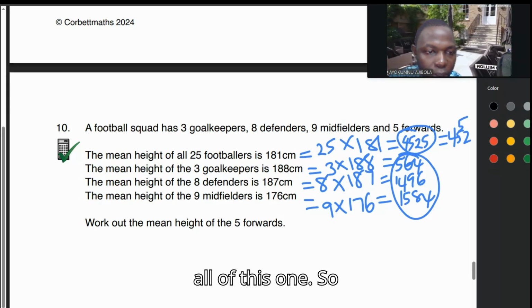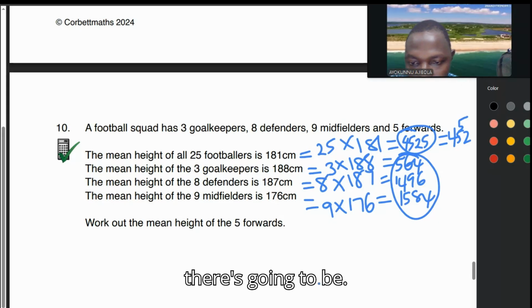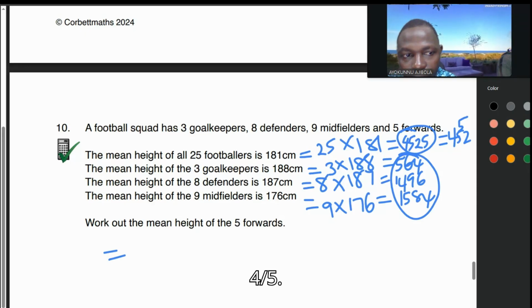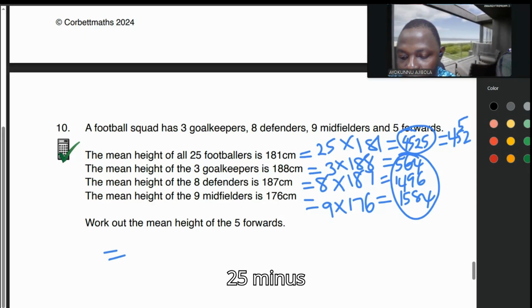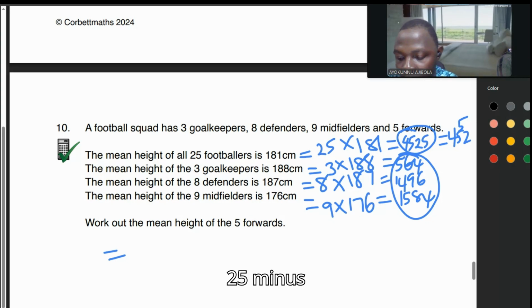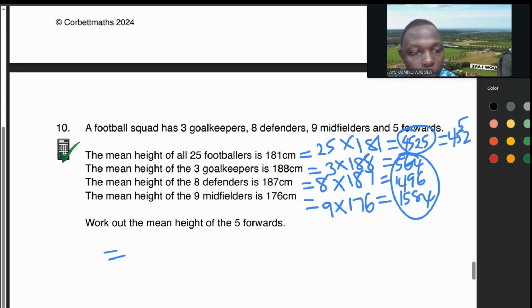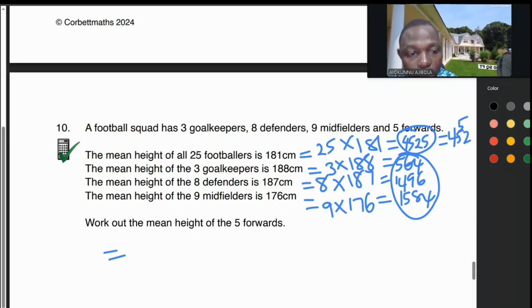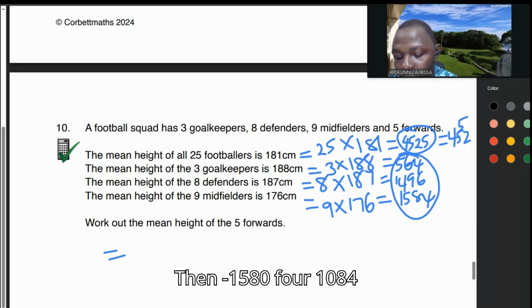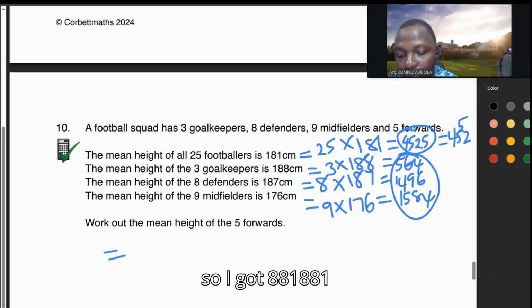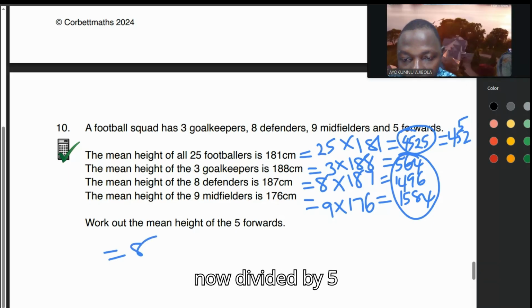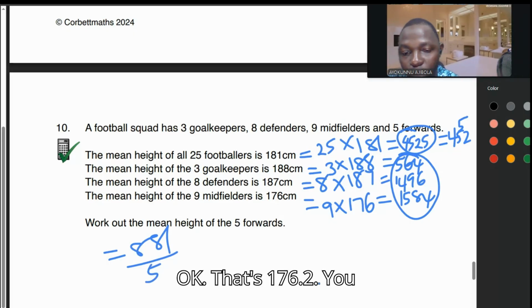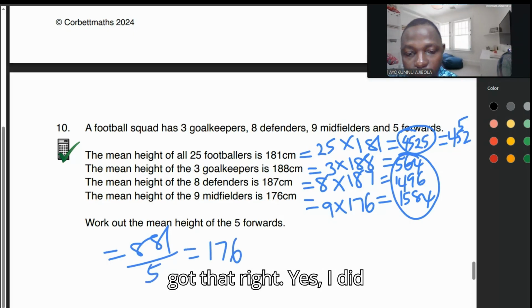So I just have to take that total and subtract all of these: 4525 minus 564, minus 1496, then minus 1584. So I got 881. Now divided by 5, that's 176.2. You got that right?